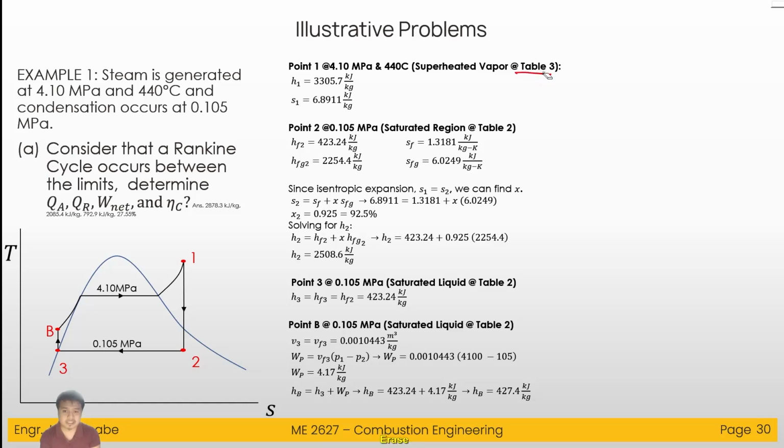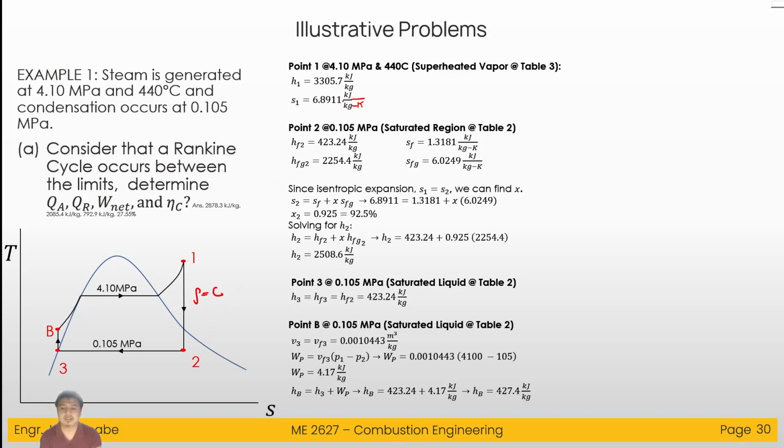You find 4.10 and 440 degrees Celsius, and you can find enthalpy and entropy. Why do we need to find S1 also? S1 is needed because the process 1 to 2 is constant entropy, so we will use that for finding point 2.